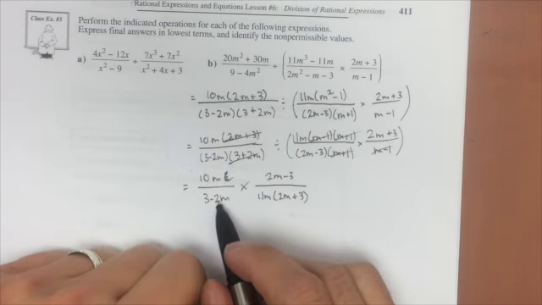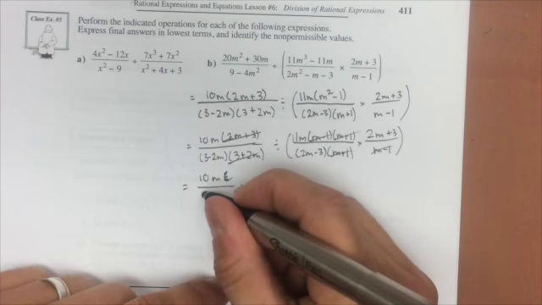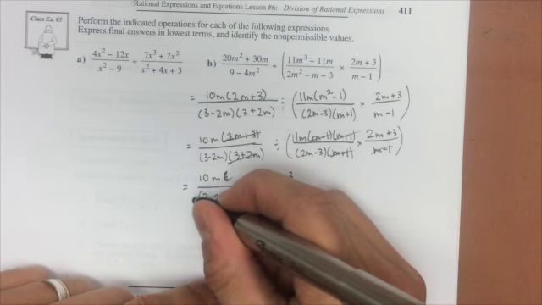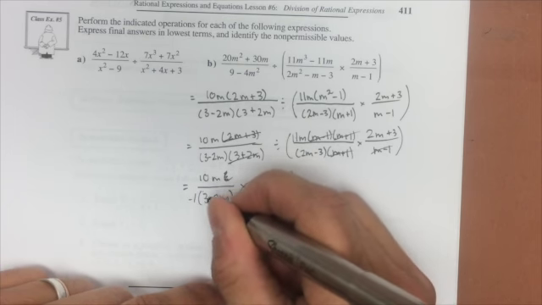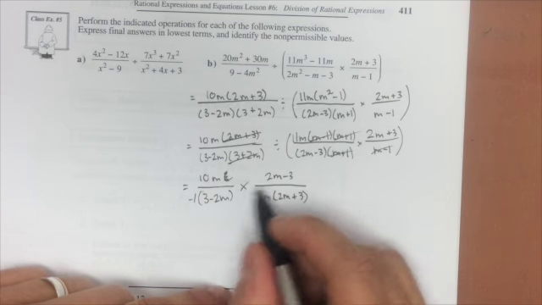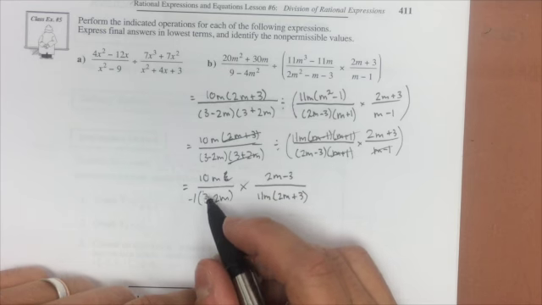Okay, now if I were to organize this term, remember, if I flip this around, if I divide this by -1, that's going to leave me with 2m minus 3, like what I have up here. But then I'll have a -1 that's left over.